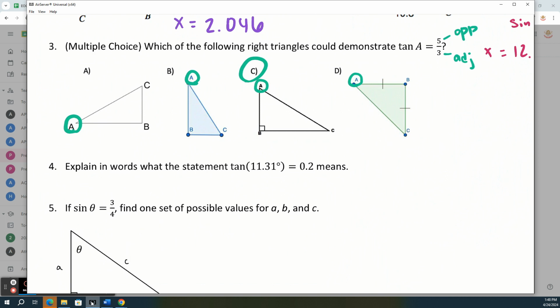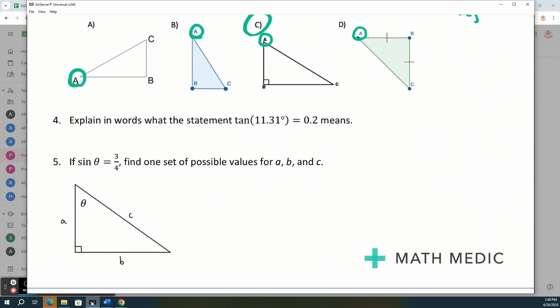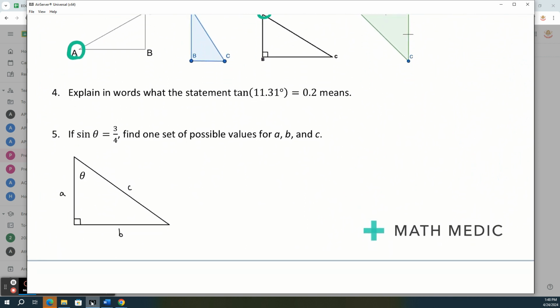All right. Y'all good? Okay, and then number 4. Explain in words what the statement tangent of 11.31 degrees equals 0.2 means. So what does that mean if you took the tangent of 11.31 and you got 0.2? What did you do to get 0.2?